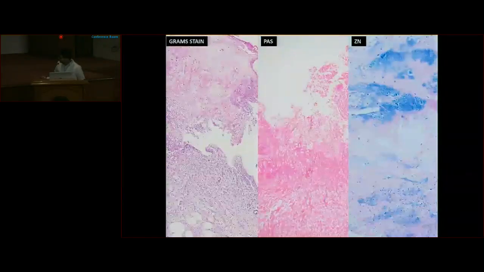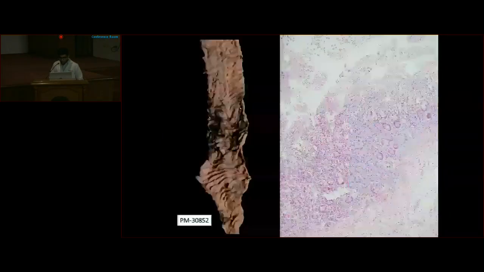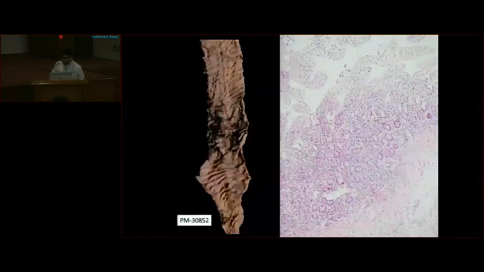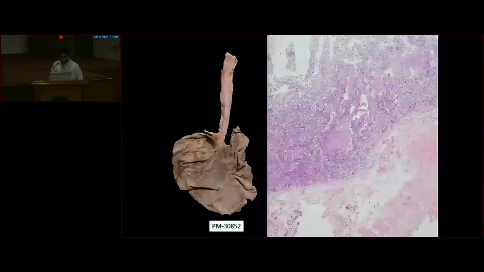This membrane and ulcer were subjected to Gram stain, PAS and ZN, which did not yield any organism. Sections from the small intestine show hemorrhagic discoloration showing mucosal ischemia. Sections from the stomach were grossly normal, showing chronic gastritis by microscopy.